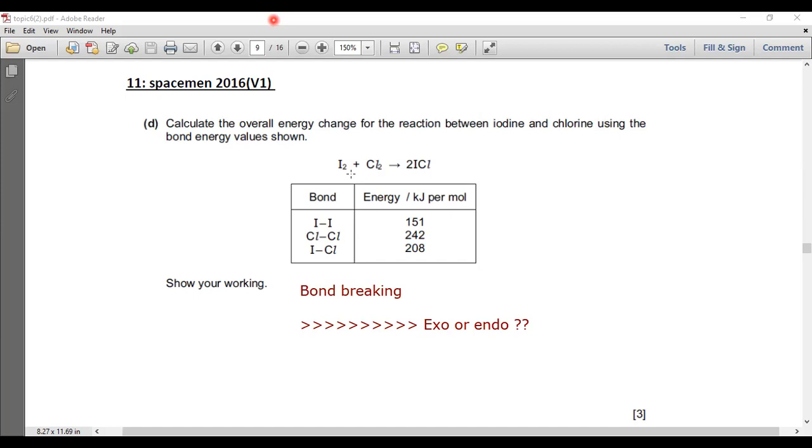Just use your mind. If you need to break something, is this an exo or endothermic process?